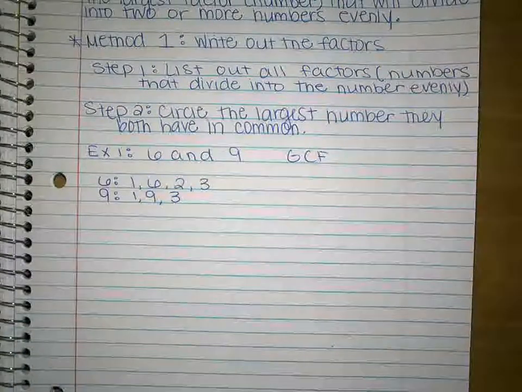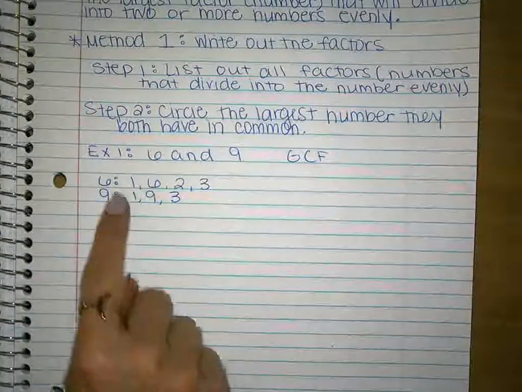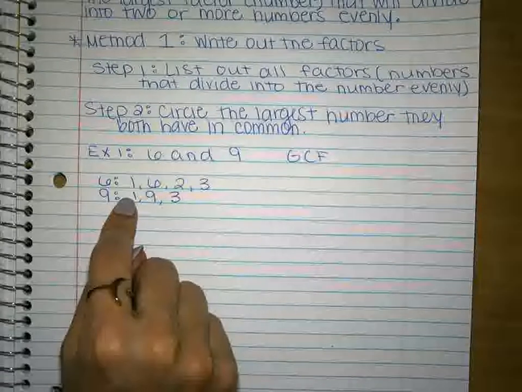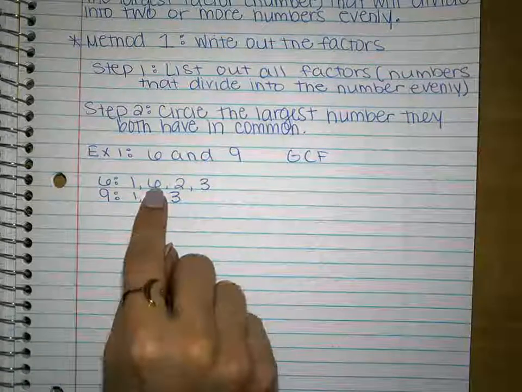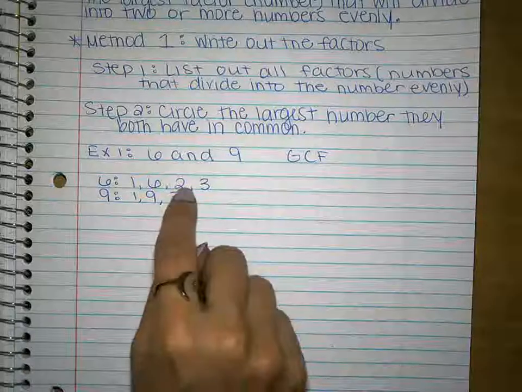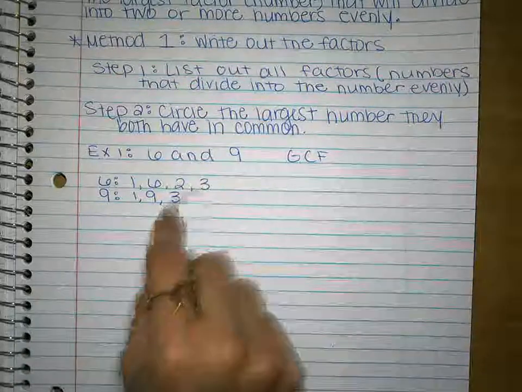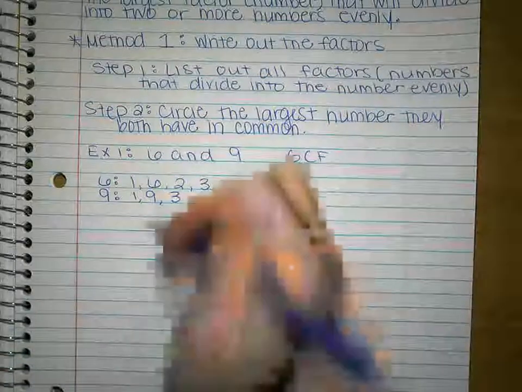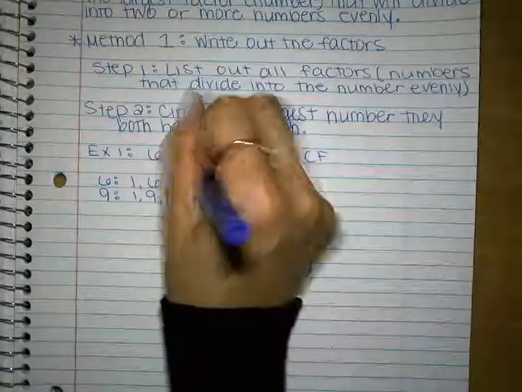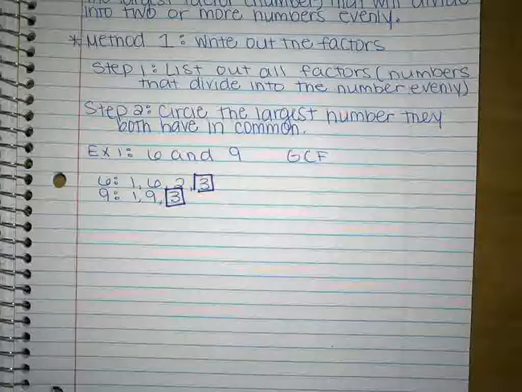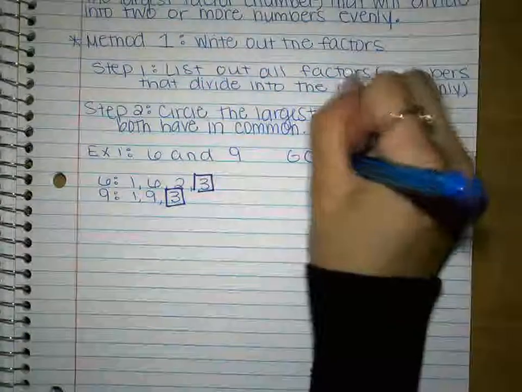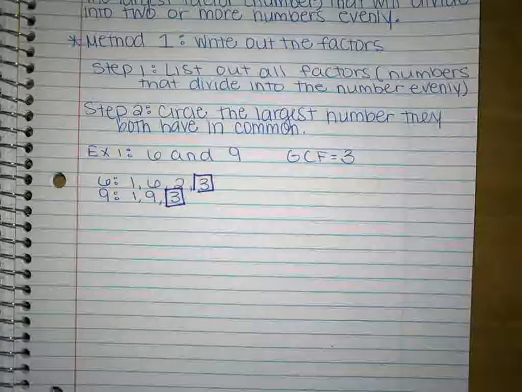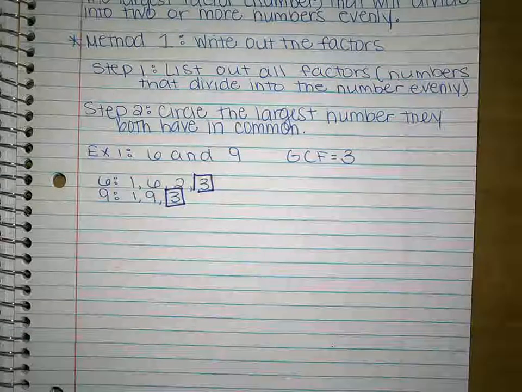So when I look at this, they both have 1 the same, they don't both have 6, they don't both have 9, they both don't have 2, but they both have a 3, and 3 is bigger than 1, so I'm going to circle my 3, and that tells me that my greatest common factor of 6 and 9 is 3.